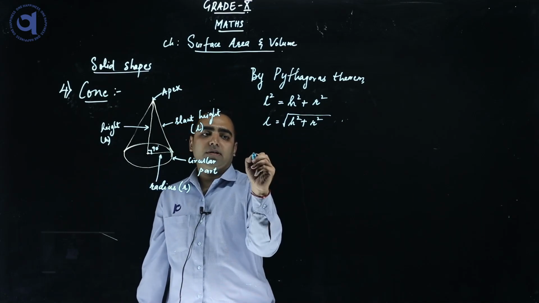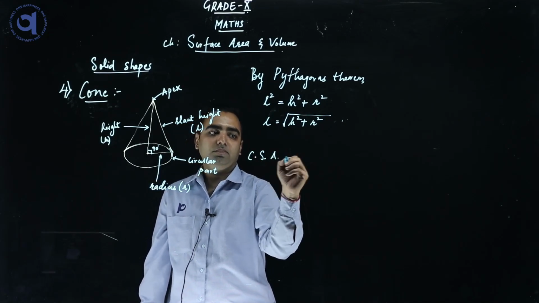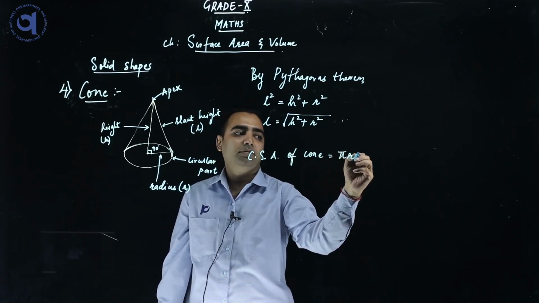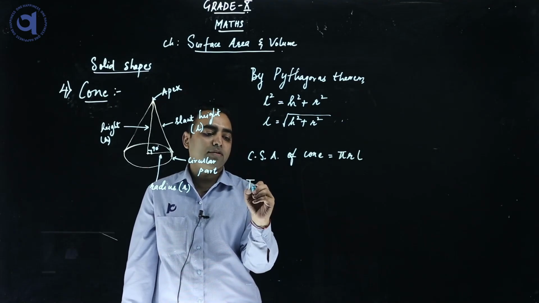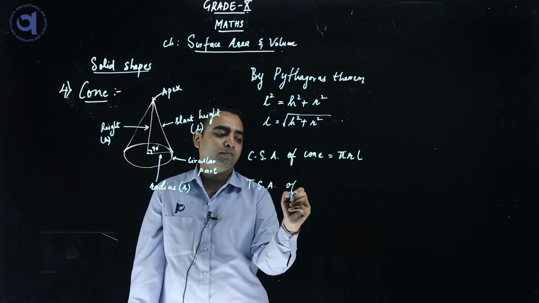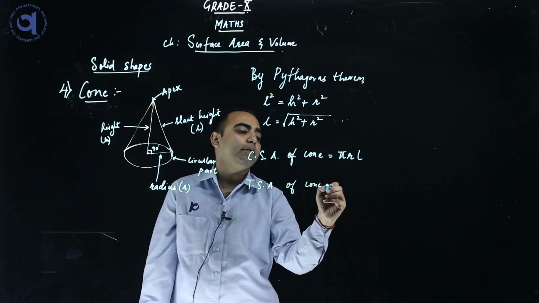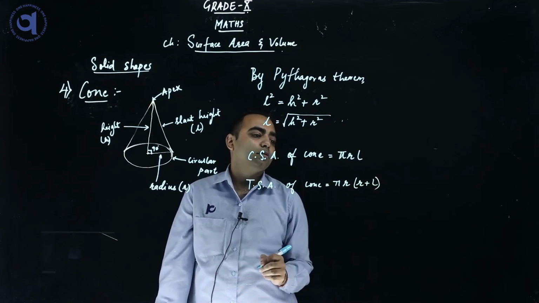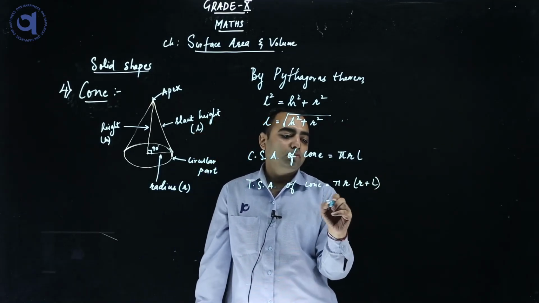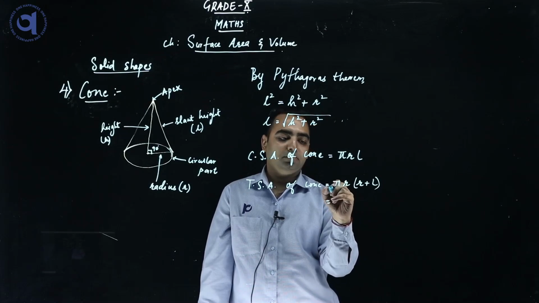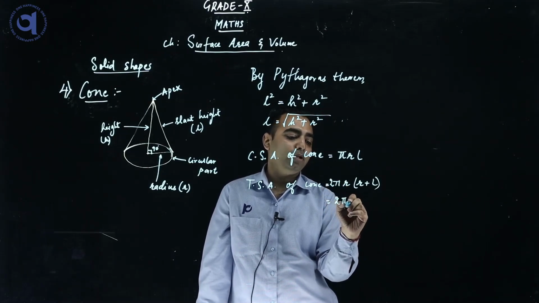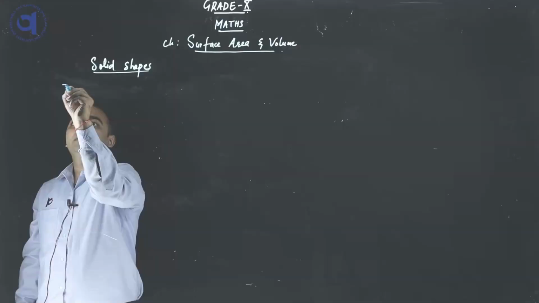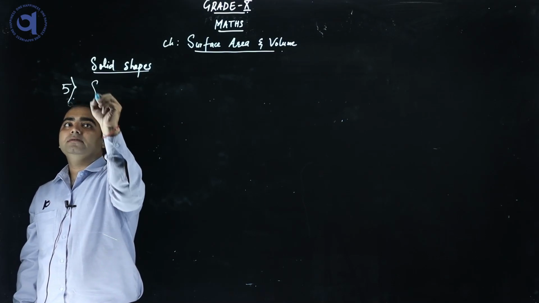Now let us see what is the curved surface area of a cone. So the formula of that will be pi r L, and total surface area of cone is equal to pi r (r plus L), which is equal to pi r square plus pi r L. Now let us see the fifth solid shape, that is a sphere.